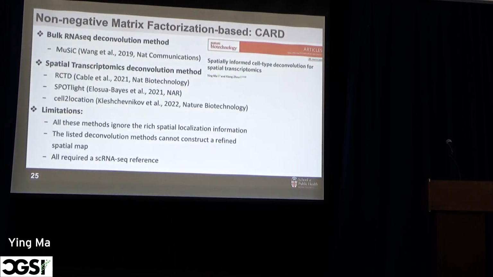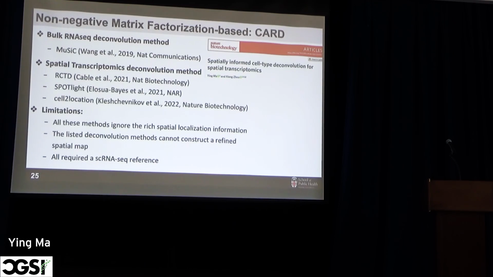So another category of method is one we developed before called CARD, which is based on non-negative matrix factorization. So far we have introduced RCTD, SPOTlight, and cell2location. However, all of these methods don't take any spatial coordinate information; they don't explicitly model the spatial coordinates.